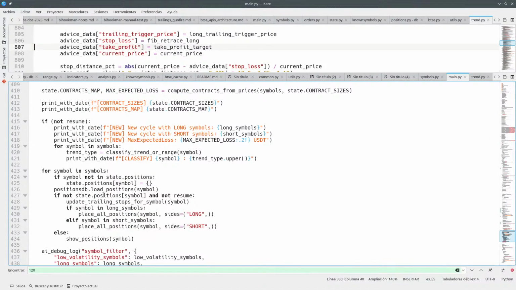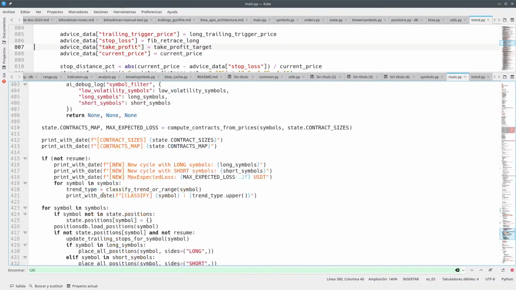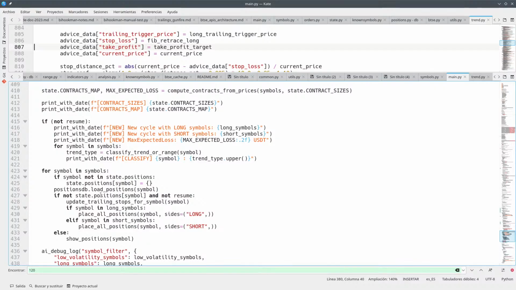So the way this works is that if there are no positions in here and we are not resuming, we need to update the trade stops for the symbols and place all the positions. That's how it works.